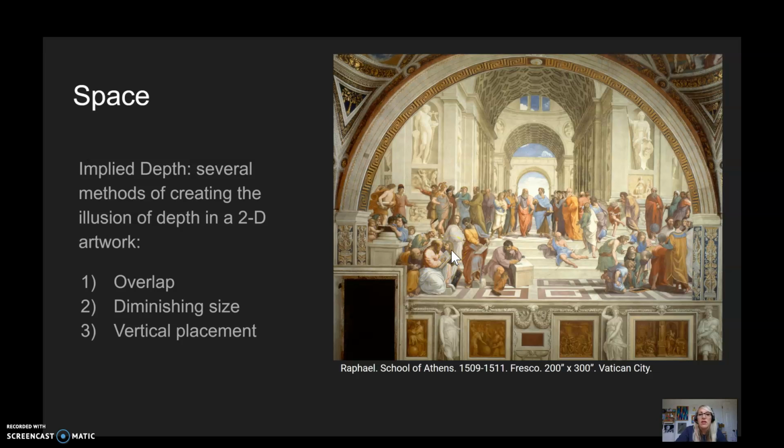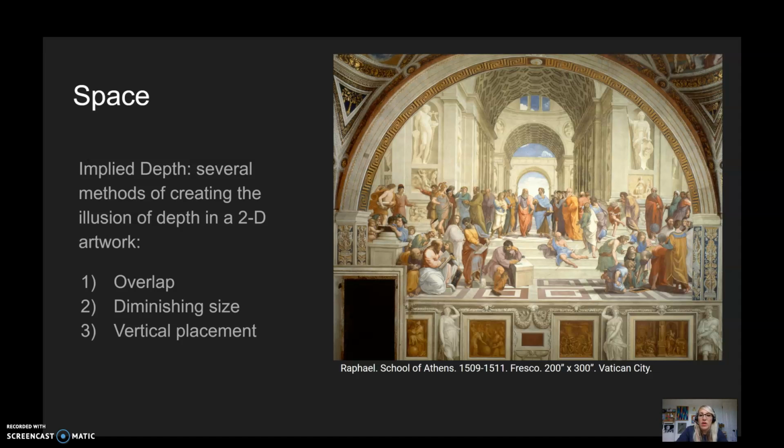Okay, the second one is diminishing size. So you also know that if something is larger, it's probably closer to you. So if you look at these figures, and this head is this size, but this person's head is tiny, you know that this person is probably closer to you than this person, and it's creating that illusion of depth and space within a painting.